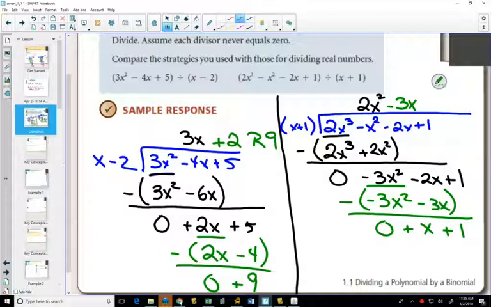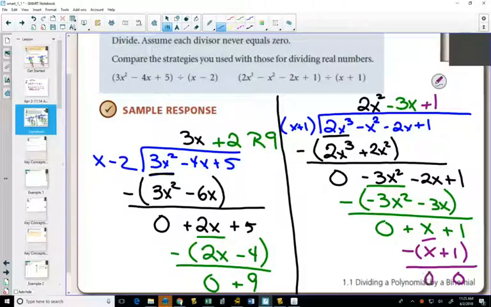Now our biggest value is an x. What would I have to multiply x plus 1 by to get an x? I'd have to multiply by 1. And 1 times x plus 1 is just x plus 1. When you subtract, that all goes away, and we have no remainder.